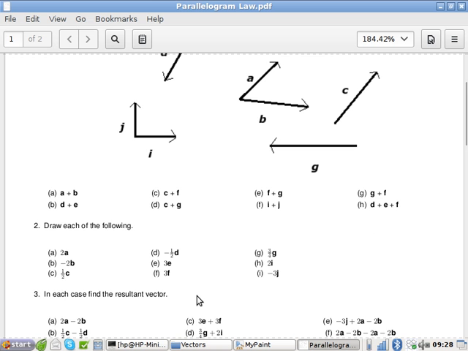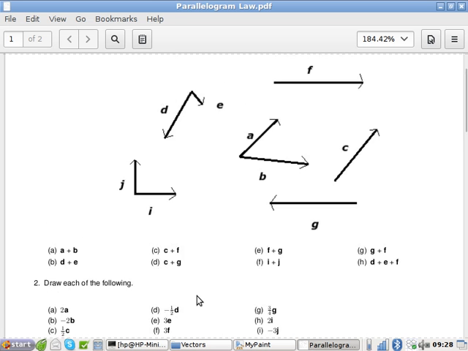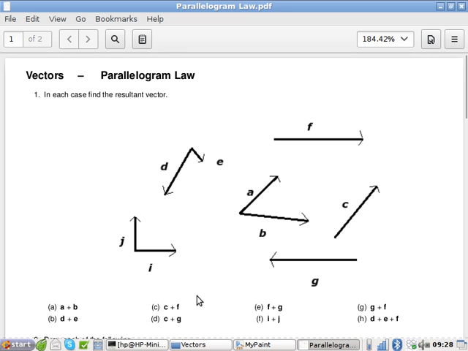So, take out your best colouring pencil and draw some vectors for me. Maybe what you should do first is draw these in your copybook so you can use them later. It doesn't have to be perfect, but get the right idea. So, for example, A and B, they're both at angles and they're both about the same length.